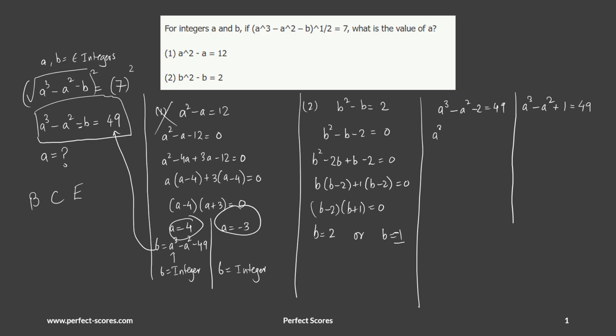So here I get A cube minus A square is equal to 51. And here I get A cube minus A square is equal to 48. I can take the A square out. So I get A square into A minus 1 equal to 51. And here I get A square into A minus 1 equal to 48.